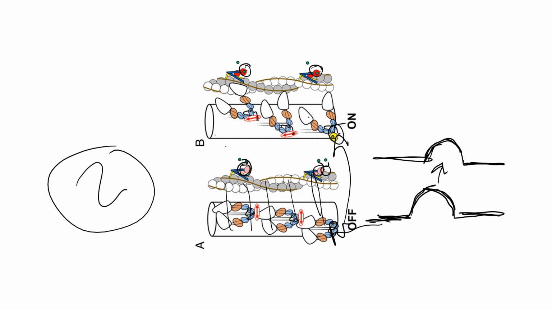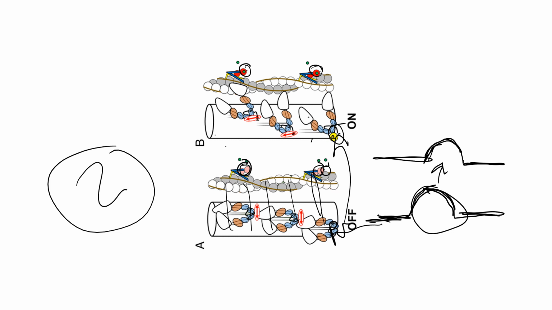With the second twitch, now troponin is more sensitive to calcium, and troponin will bind more calcium, and thus more tropomyosin will unwind off of the actin F-actin strands, and that will allow for more myosin and actin to interact, and more force will be produced during the second twitch than the first twitch due to increased troponin calcium sensitivity.